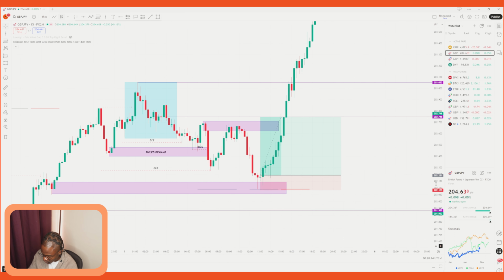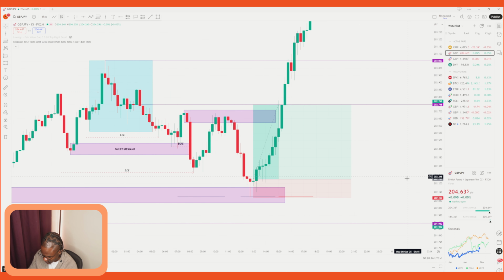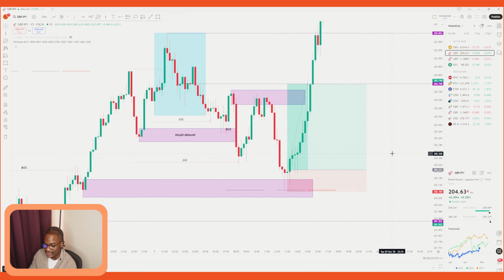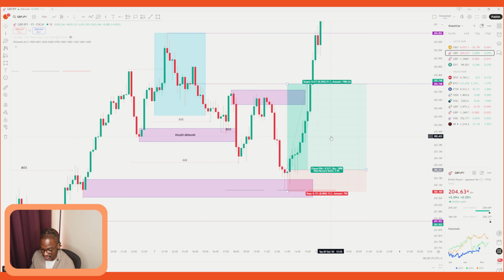Looking back here now, risk to reward is what helps you stay on the positive side of things, right? If I lost this trade, I would have lost 13 pips. But I managed to gain 50 pips on this trade because I knew how the risk to reward ratio works.